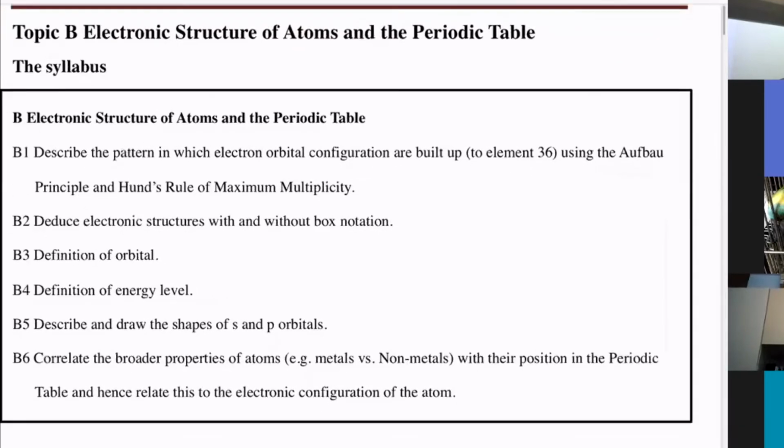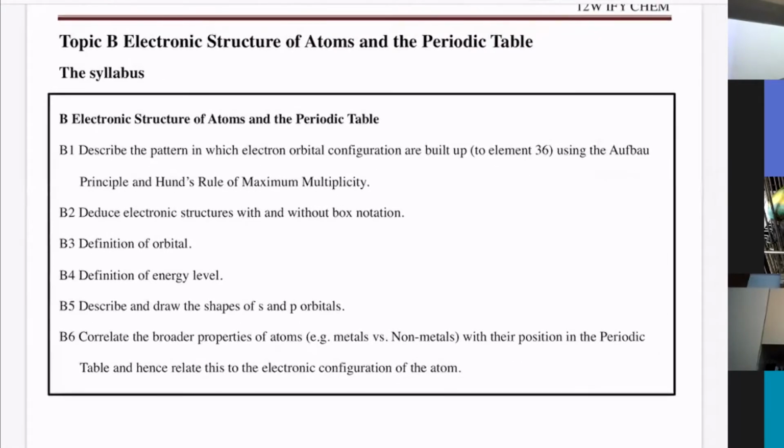So you could check the syllabus, where you have to understand 6 parts. You need to know the electron orbital configuration up to element 36 according to the 3 rules I'm going to introduce to you. Then you're going to learn different representations of electronic arrangement configuration, and 2 definitions.